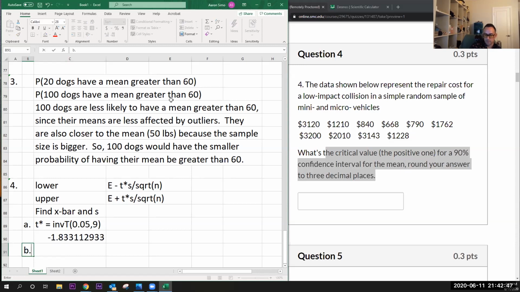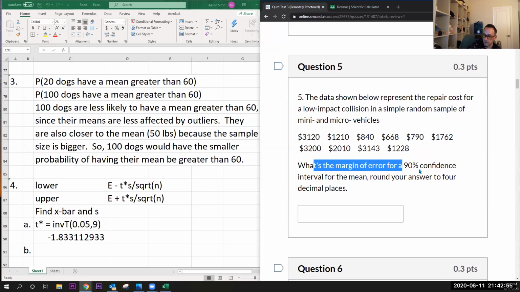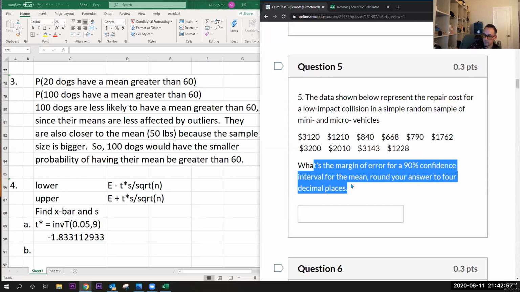Then B, that's the critical value. So for part B, moving on to the next question, it says, what's the margin of error for the 90% confidence interval for the mean?